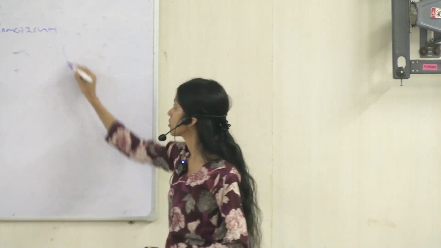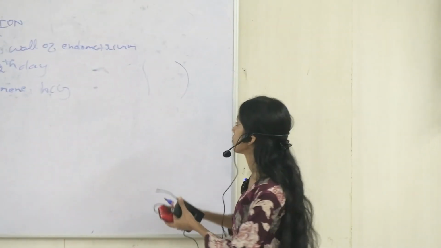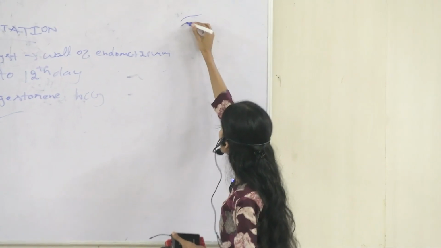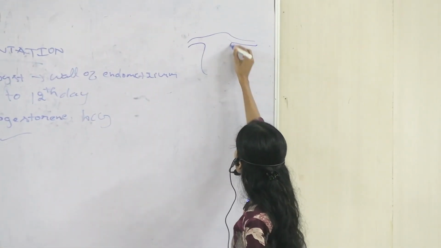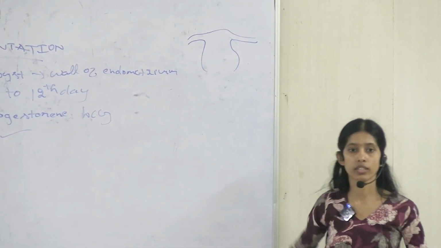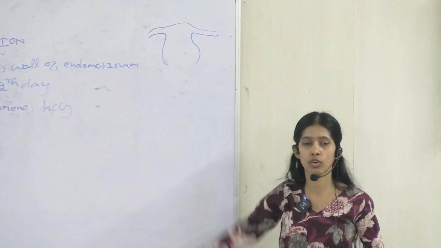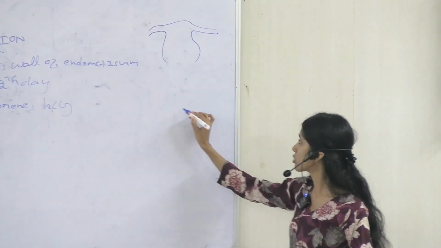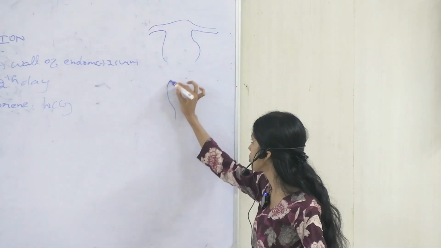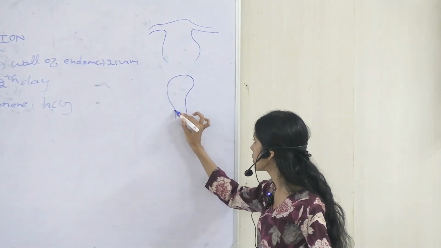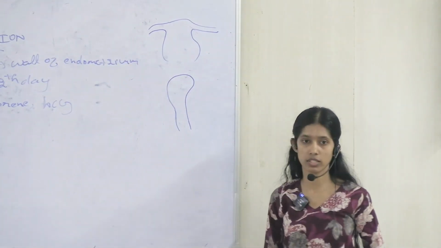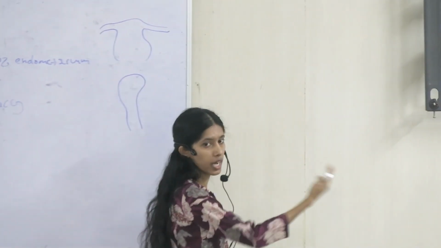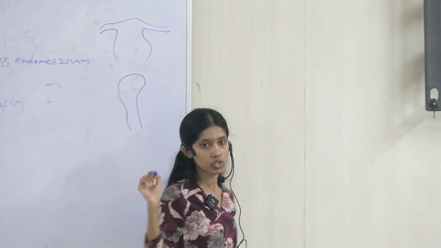Remember this diagram? This is the cross section of the uterus, right? If you imagine a female body, this is how the uterus is present. If a person stands like this, this will be the anterior side and this will be the posterior side.